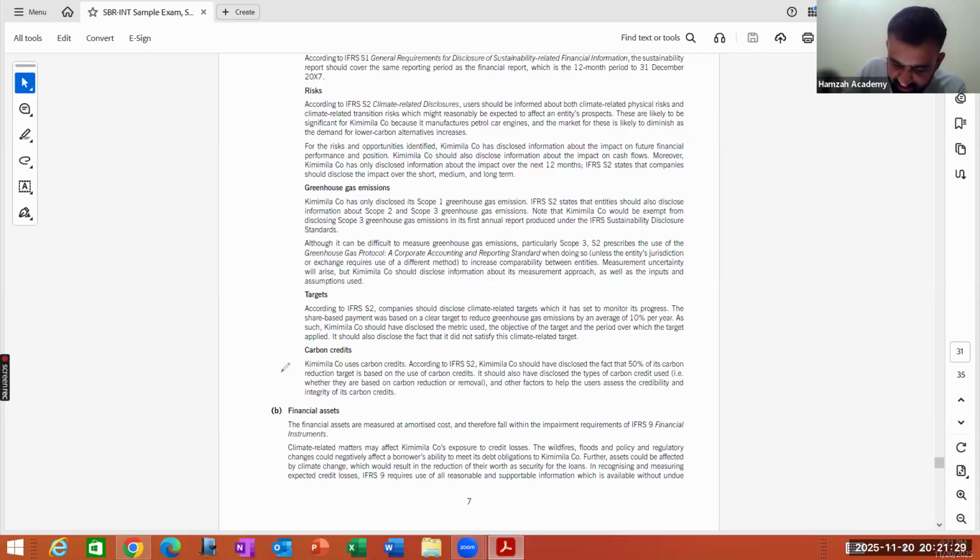So you can read here, the financial assets are measured at amortized cost and therefore fall within the impairment requirement of IFRS 9. It's an amortized cost method financial asset, so it is subject to impairment under IFRS 9.